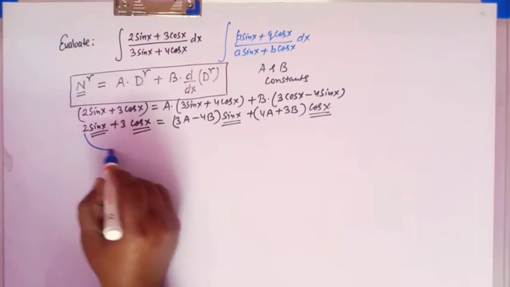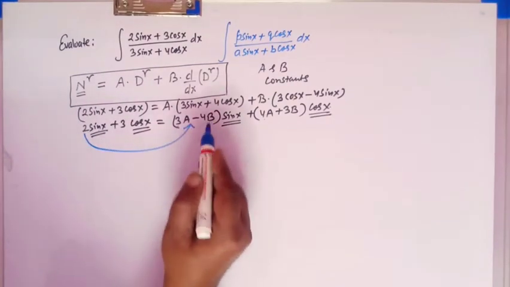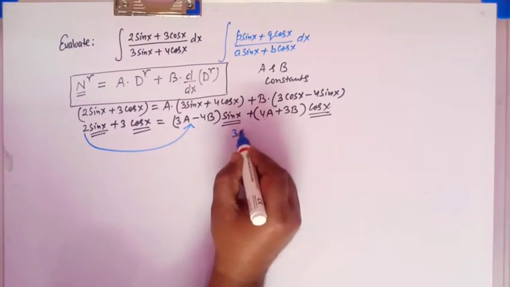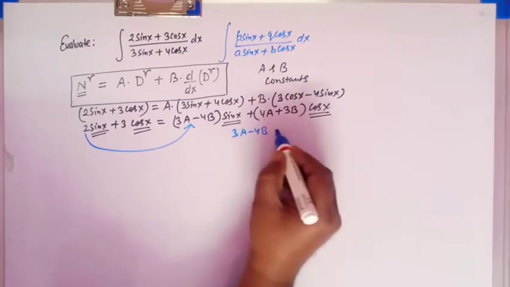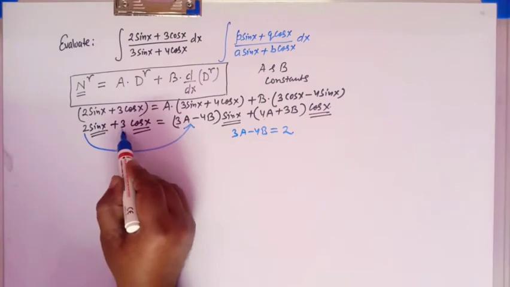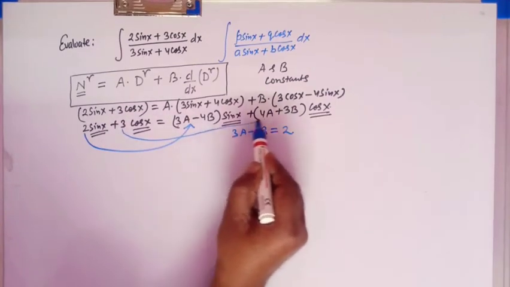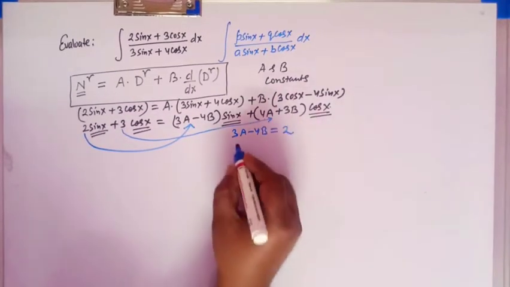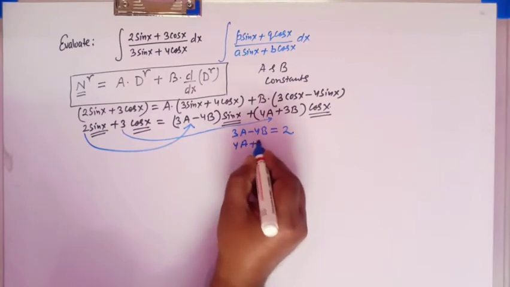So 2 is equal to 3a minus 4b, and 3 is equal to 4a plus 3b.